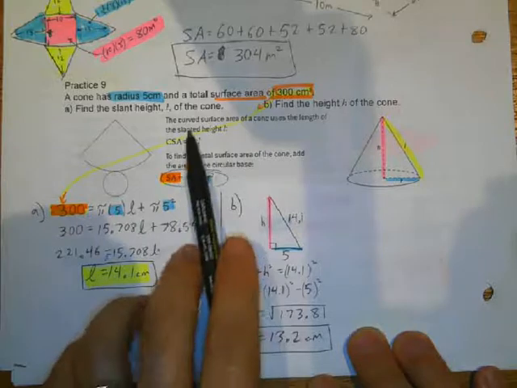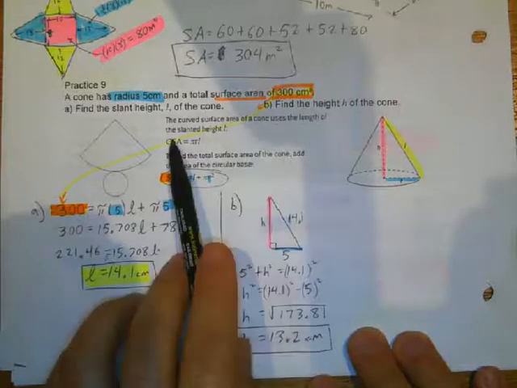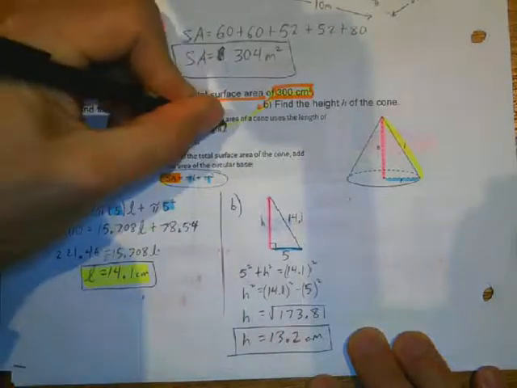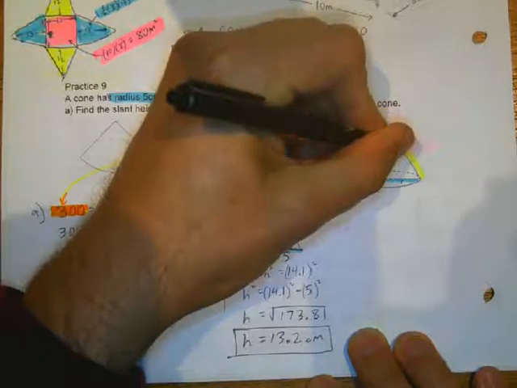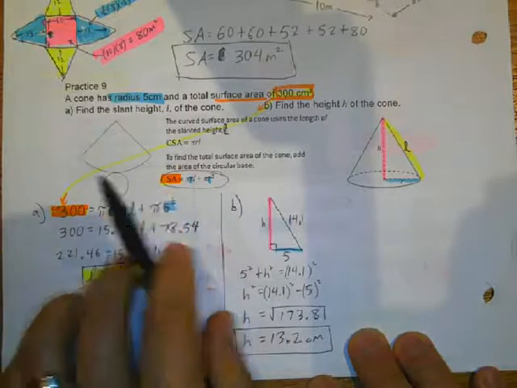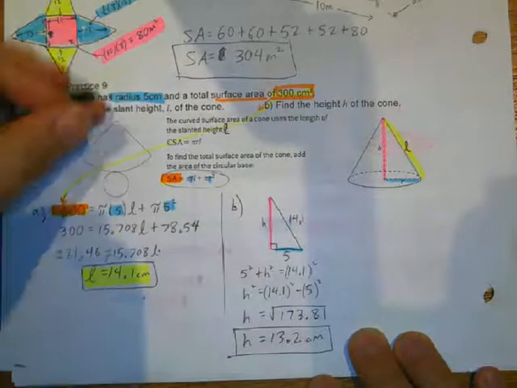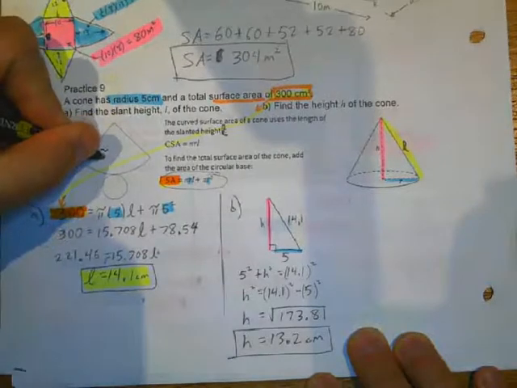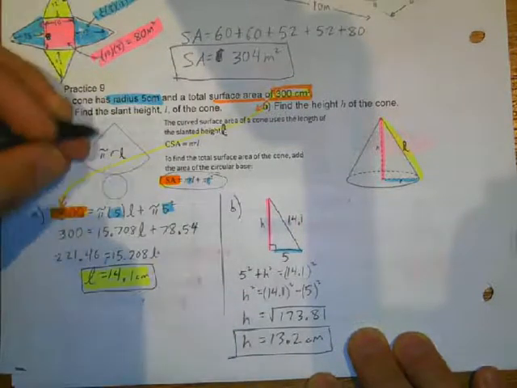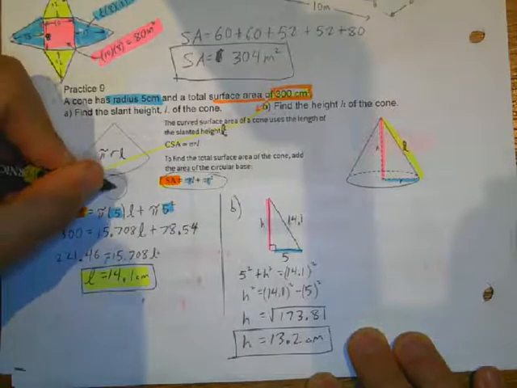So the curved surface area of a cone has the slant height with a script L, and the curved surface area is pi r L, and this area here of the circle is pi r squared.